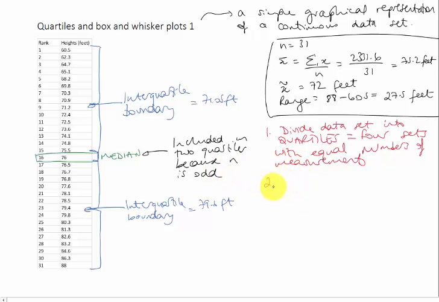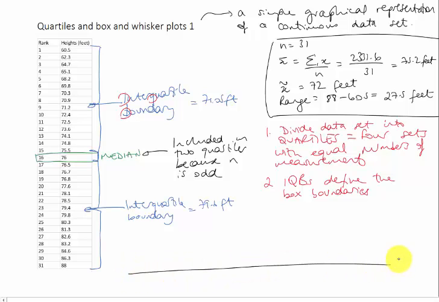Okay, so we've divided the data set into 4 quartiles with equal number of measurements. And then we're going to draw what we call a box and whisker plot. So the interquartile boundaries, IQB, define the box boundary. So let's start drawing it here.